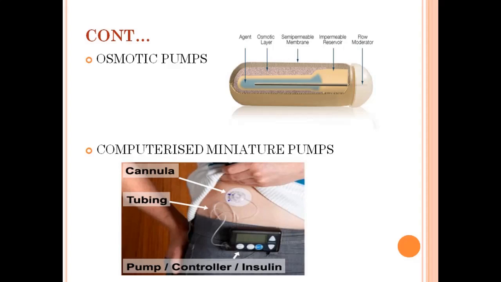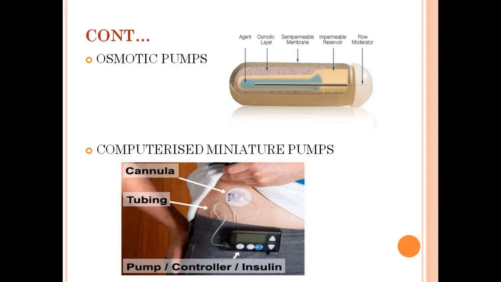The other method is computerized miniature pumps. These are programmed to release drugs at a definite rate, either continuously as in case of insulin, or intermittently in pulses as in case of gonadotrophin hormones.